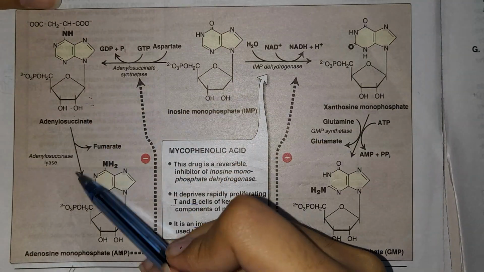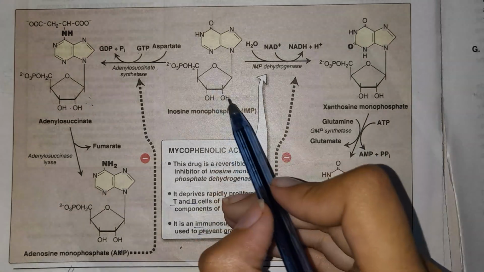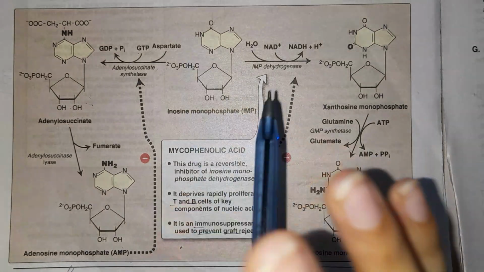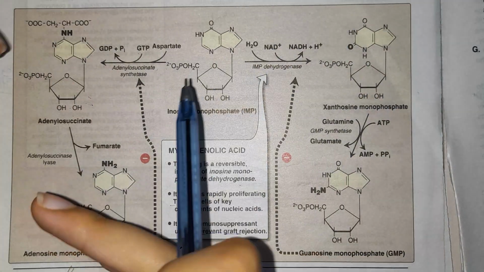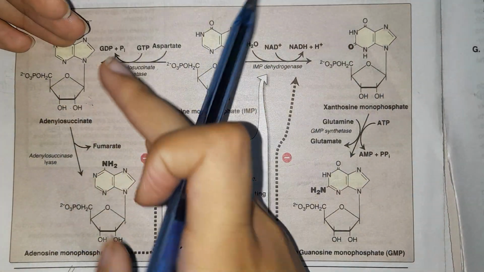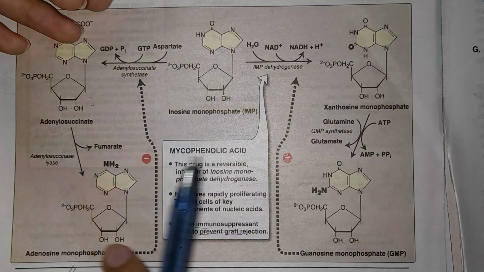So adenylosuccinate lyase removes fumarate and we get the compound AMP. So IMP to AMP involves 2 steps. One is adenylosuccinate synthetase enzyme, other is adenylosuccinate lyase enzyme. With the synthetase we get the compound, with the lyase we remove fumarate from this compound to form AMP.